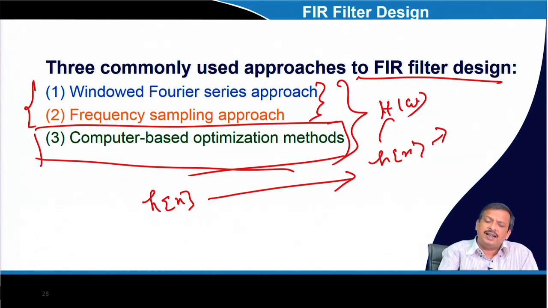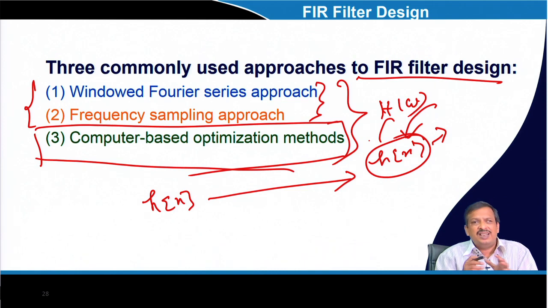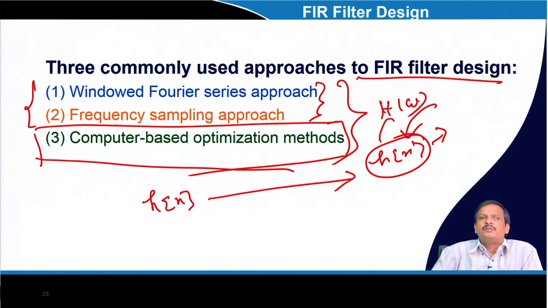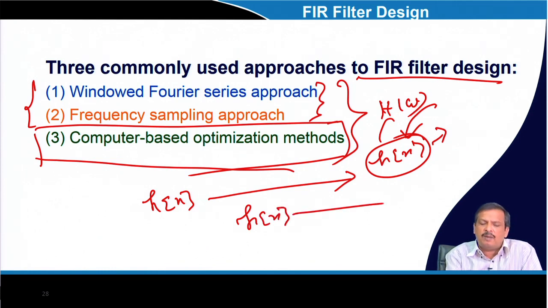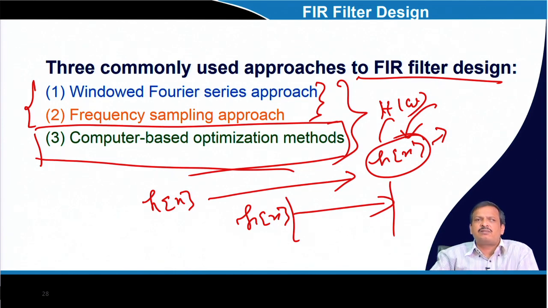So, if I take the inverse Fourier transform of H of omega, I get h of n, which is an infinite series. But I want to design an FIR filter, so I cannot take an infinite series of h of n. Somehow I have to truncate it. So, how do I cut that portion?